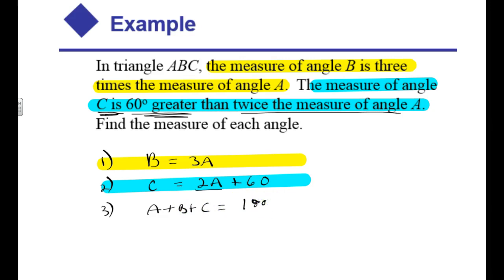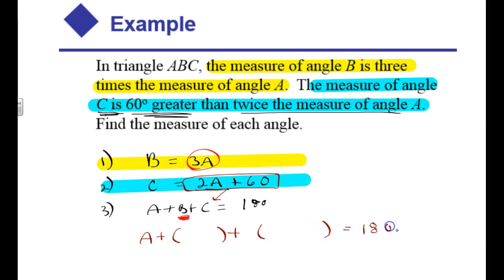So I could pull out my calculator and solve this, but this one looks really nice to solve by substitution, because I can substitute this B in for 3A, and I can substitute this C in, and I'll have everything in terms of A if I do that. So it's A plus the B plus the C equals 180.